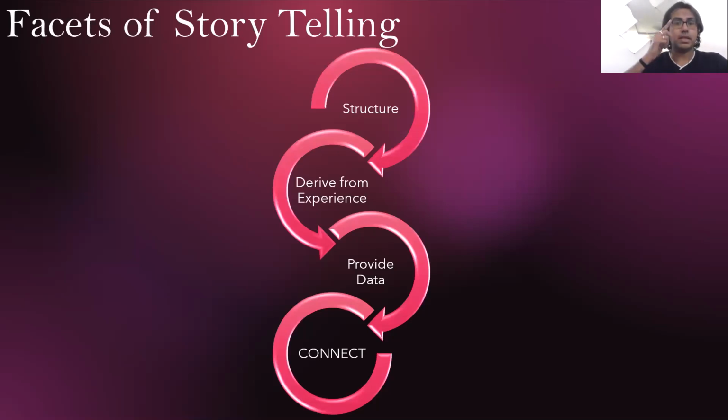Moving on. Now let's go into a little bit more detail of storytelling. This is what I have understood from my own experience.